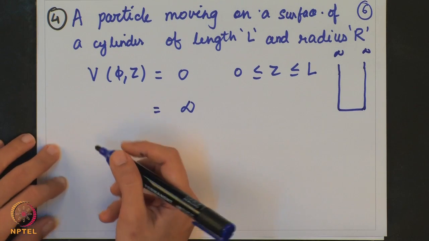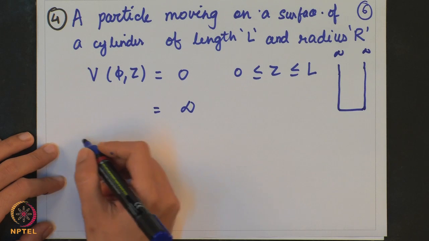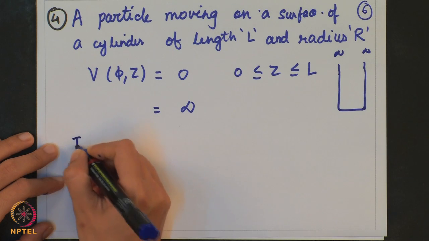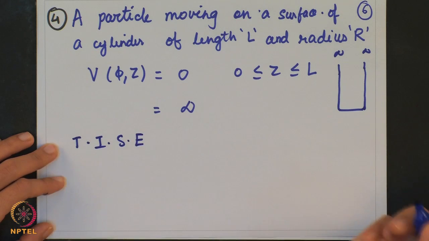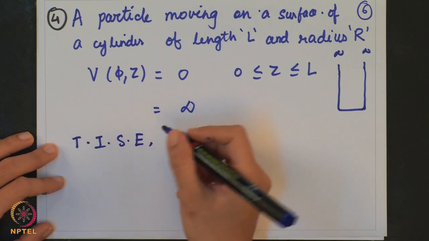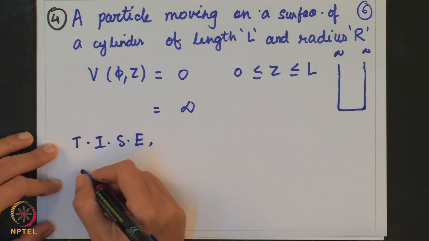Now, let us get started. We could use Cartesian coordinates to write the time independent Schrodinger equation and solve this, but I will use cylindrical coordinates.